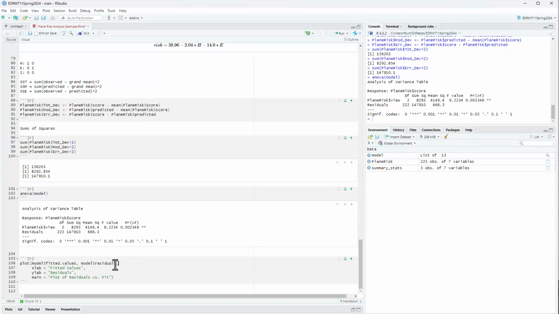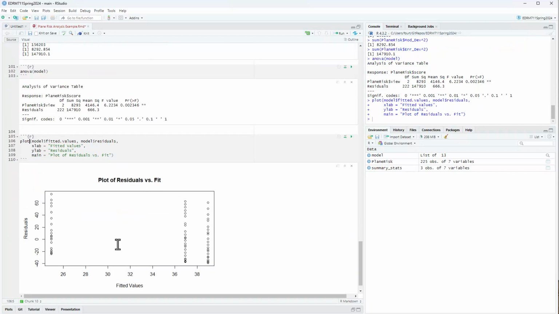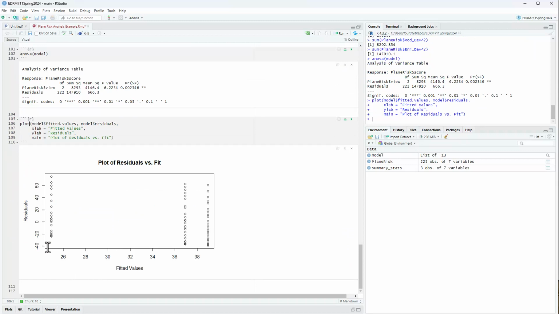What am I doing? I'm plotting fitted values and residuals. Fitted on the x-axis, residuals on the y-axis. And you've seen a plot like that before. And what are we looking for? We're looking for similar variation in all three of those conditions.